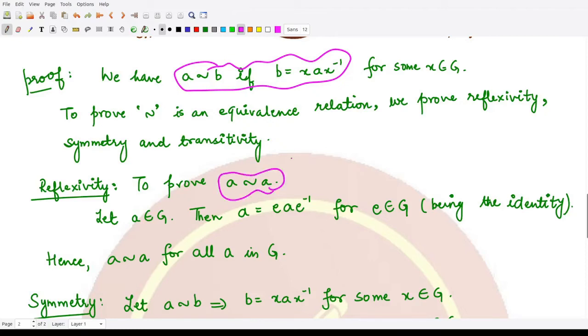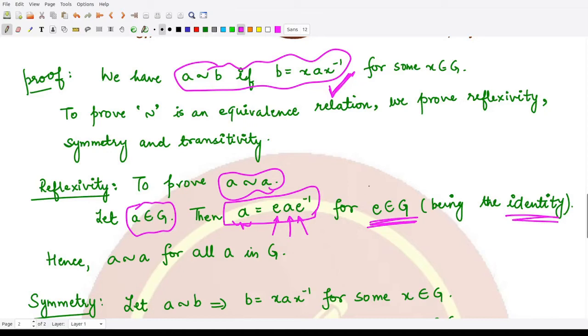You can clearly see the proof is very simple. We assume A is some element present in G. Then we may write A as the identity element multiplied with that element, multiplied with the inverse of the identity element. There is no issue, we may write A like this, where E is present in our group because it is the identity.